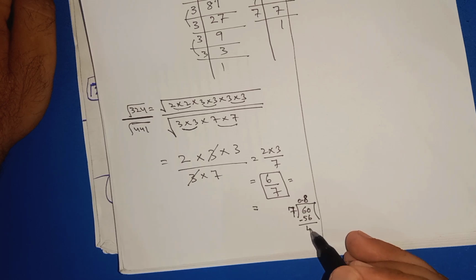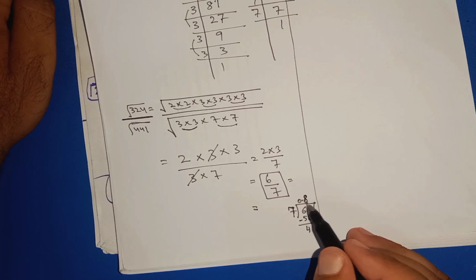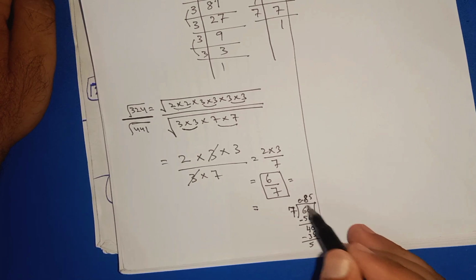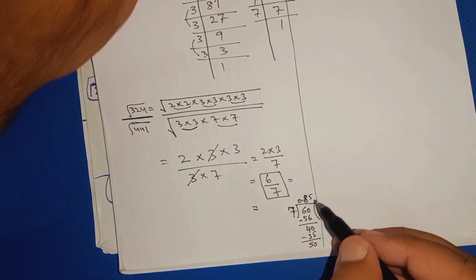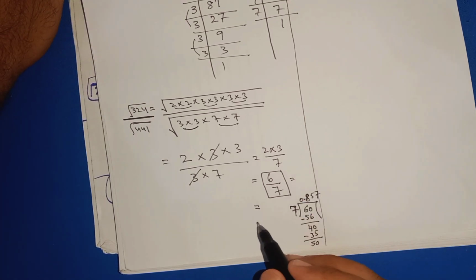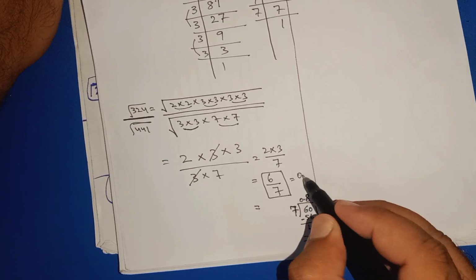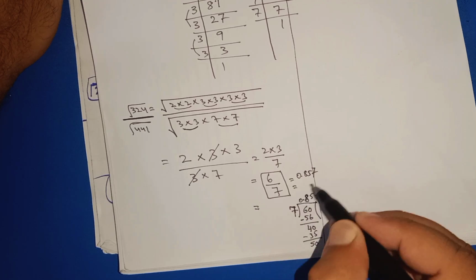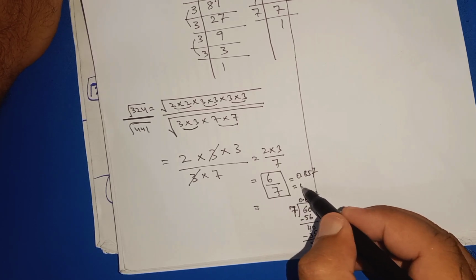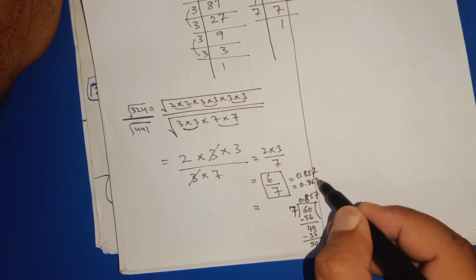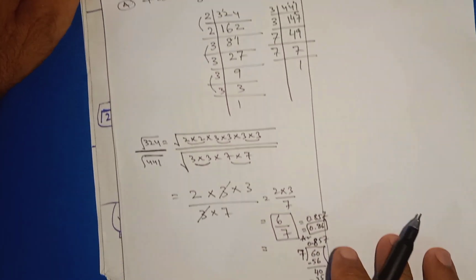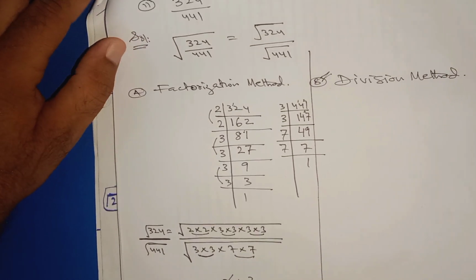Now 4 here, point is placed, so we write just a 0 here. 5 7s are 35. So again 5, point is there, we write 5. 7 7s are 49. Approximately this value will be 0.857. Maybe you can round off and write this as 0.86. So this is the final answer while we are using the factorization method.